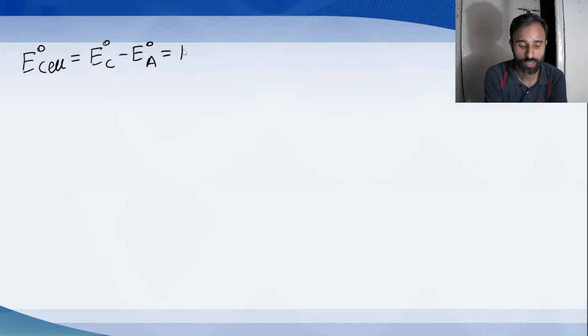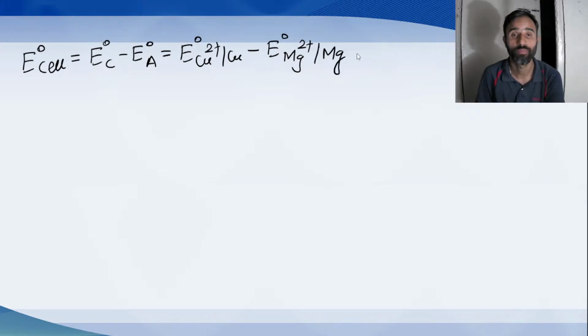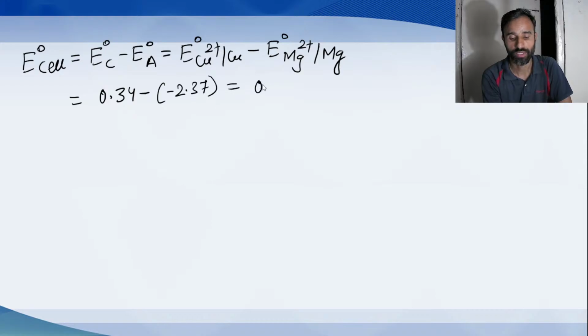So E naught Cu2+/Cu minus E naught Mg2+/Mg. The value of copper is 0.34, and the value of magnesium is minus 2.37. That means 0.34 minus minus 2.37, that is 0.34 plus 2.37, which is 2.71 volt.